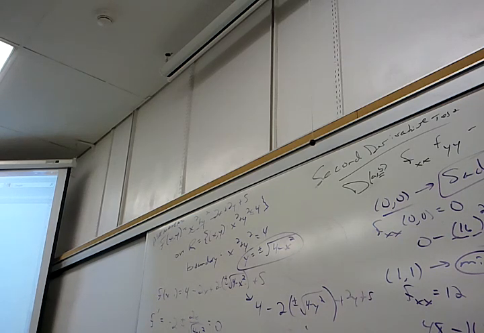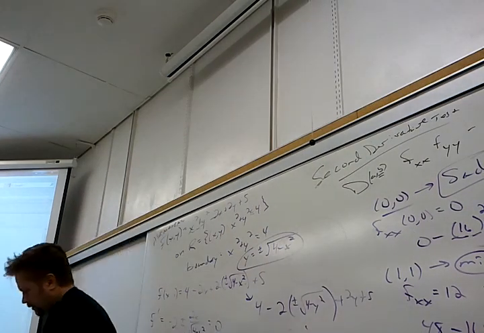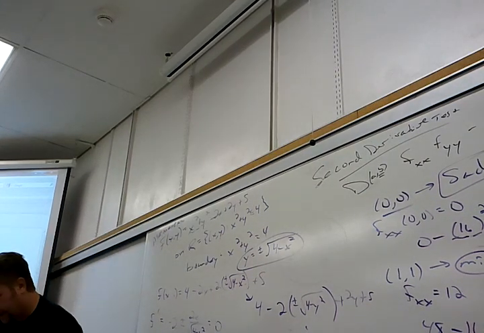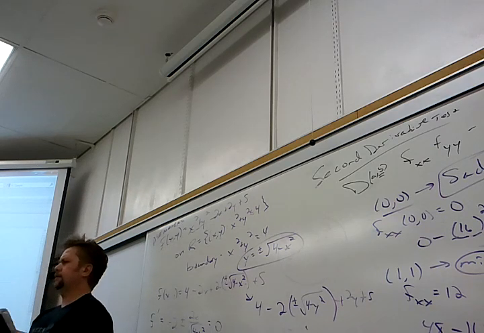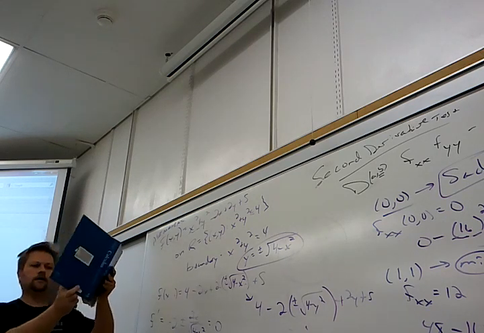Which one is it? Here it is. It's not as nice as in the book. Oh, I see, there it is. This is page 859 at the bottom of the page. It's actually better than the book. I can't get that thing to turn around.